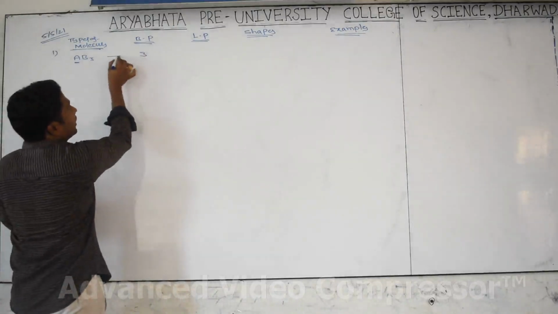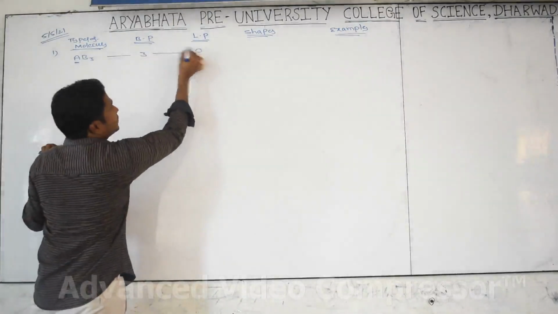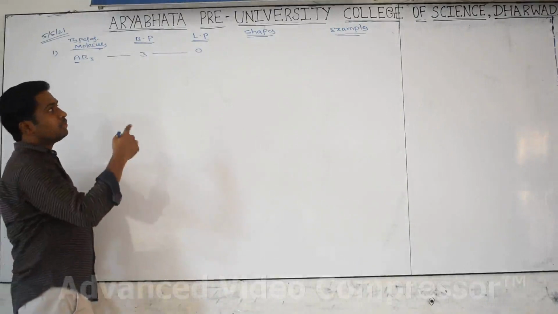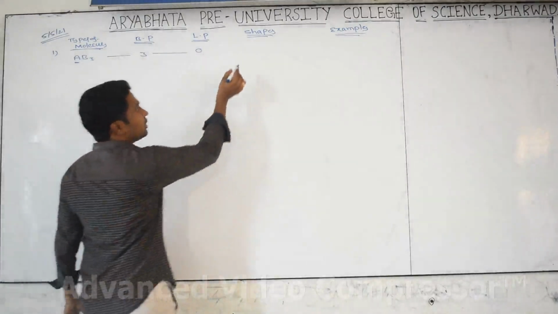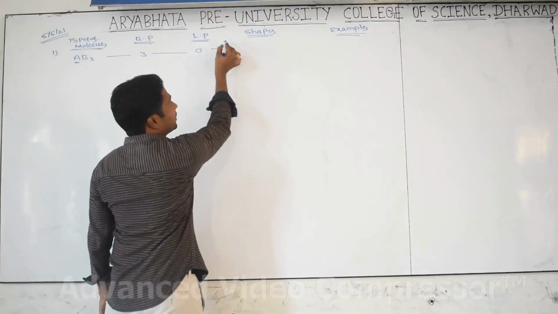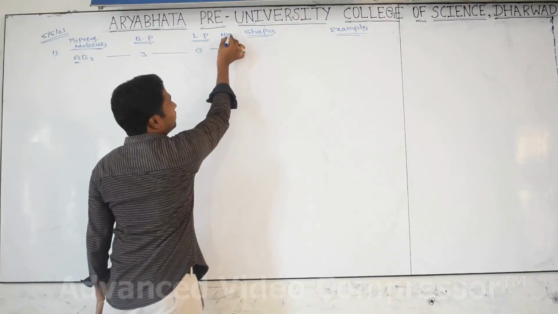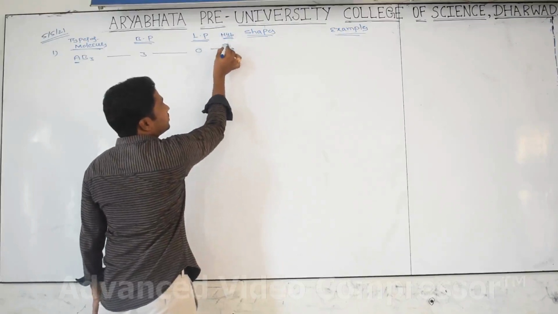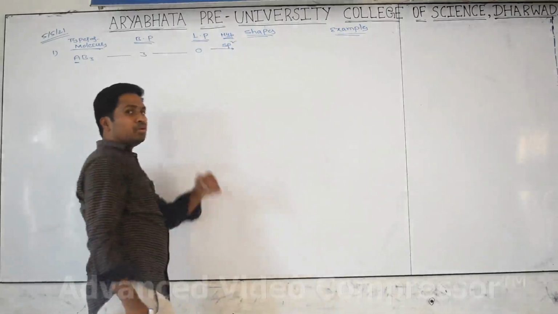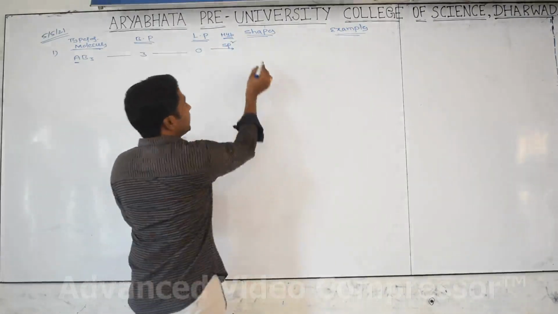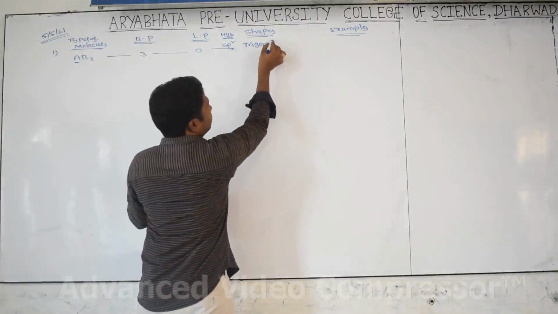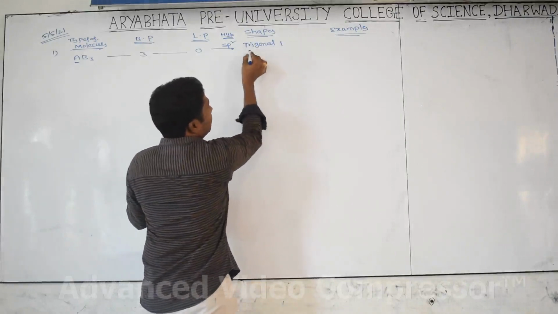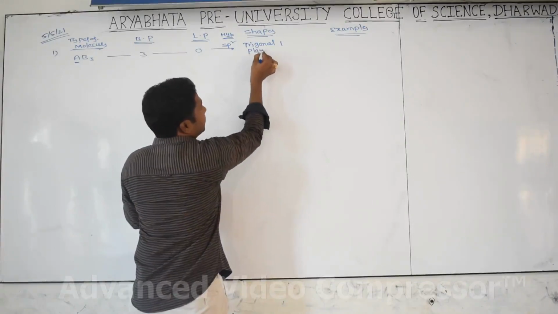And how many lone pairs? 0 lone pairs. 3 bond pairs, 0 lone pairs, together 3. 3 means which hybridization? sp2 hybridization. I will mention the hybridization here also. No lone pair, no problem. Then which shape are we getting? Trigonal planar shape.